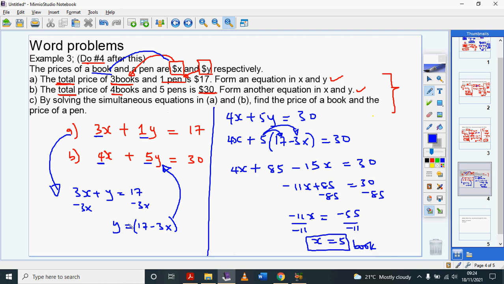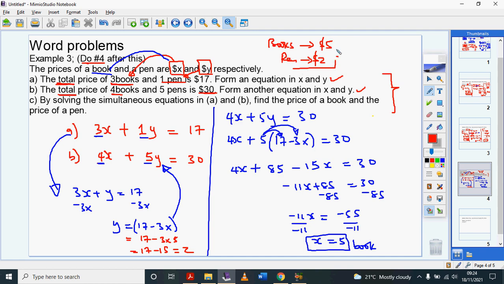Now we need to find the price of a pen. So we go back to our first equation, which was y is equal to 17 minus 3x. So that would be 17 minus 3 times 5, which is 17 minus 15, which gives you 2. So finally, you know that your book costs $5, and your pen costs only $2.